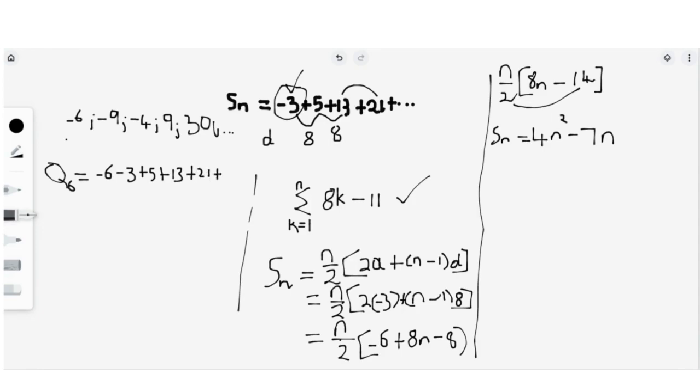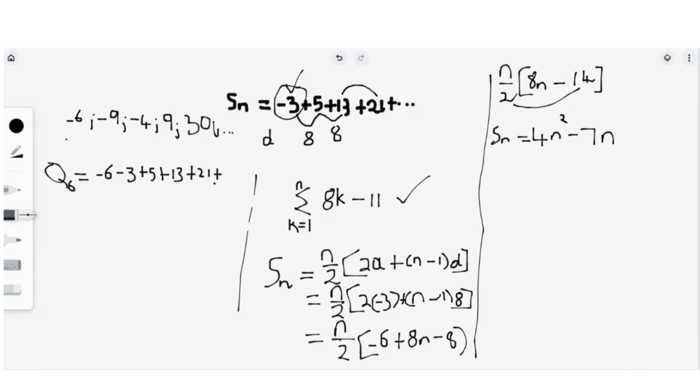Let's check. From minus 3 to get to a 5, you should have added an 8. It's the constant difference of 8 that we found at the beginning. Minus 3 plus 8 will give you 5, and 5 plus 8 will give you 13, and 13 plus 8 will give you 21.